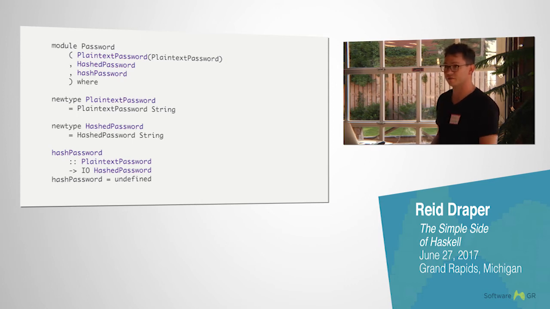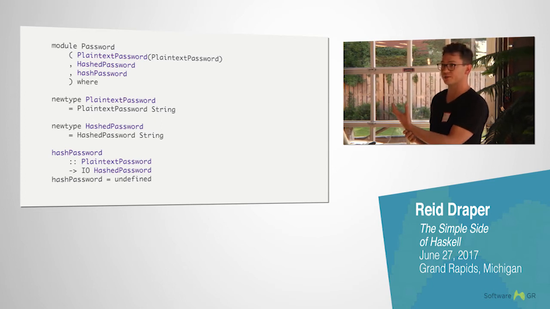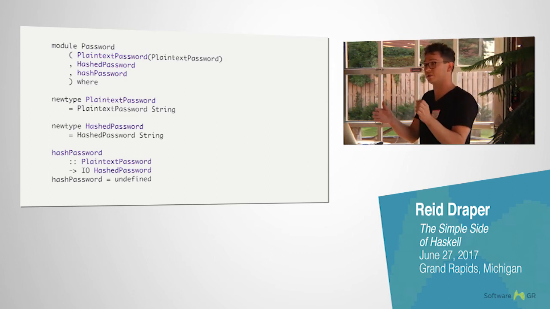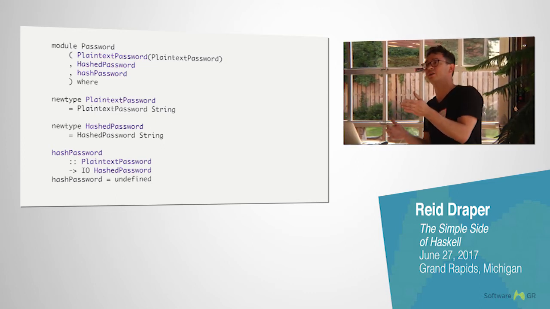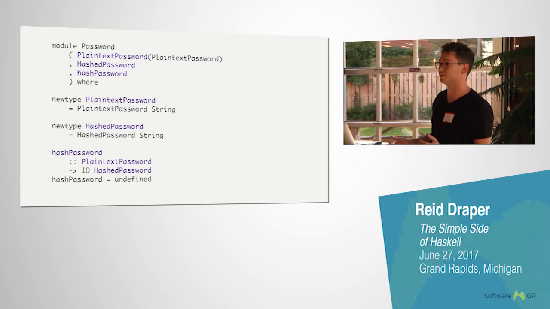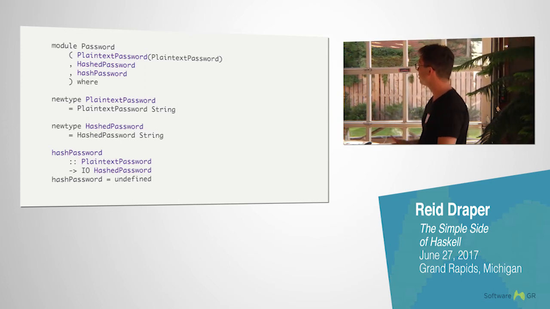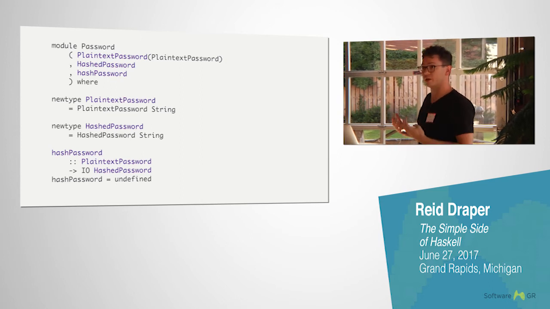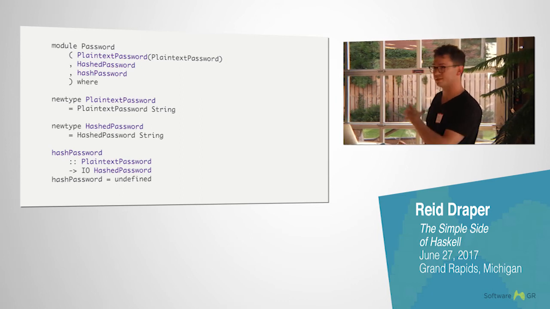It allows us to have other functions in our code that take a hashed password as input, and we can be guaranteed that the plain text password has been hashed exactly once. We can't hash it and then forget we've hashed it and then hash the hashed one again, and now it's been hashed twice or three times or zero times. It is hashed exactly once. And we've done this in whatever this is, 10 lines of code. So we're really encouraged to program at this level of specificity with our types.